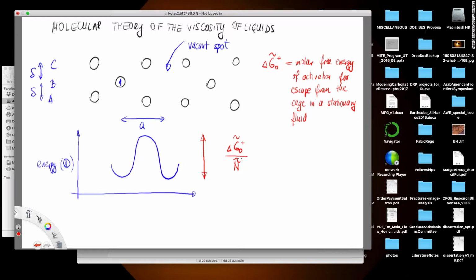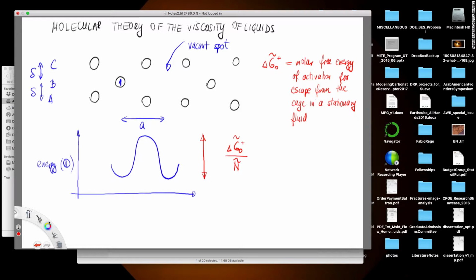Right now, a positive sign means nothing, but we're going to have with the stream and against the stream, so I'm immediately saying plus. Now, what happens if I have a fluid in movement? I'm going to have something helping me out here.